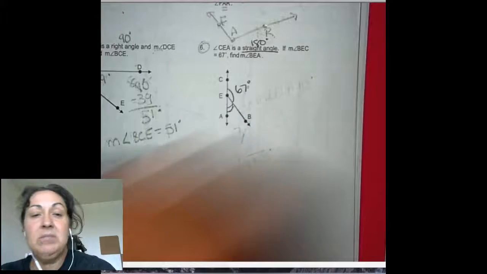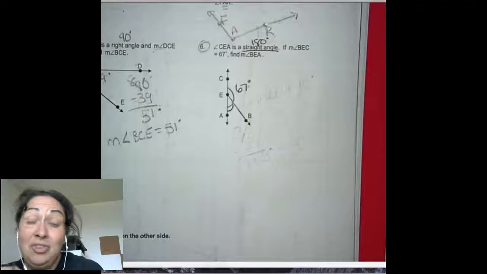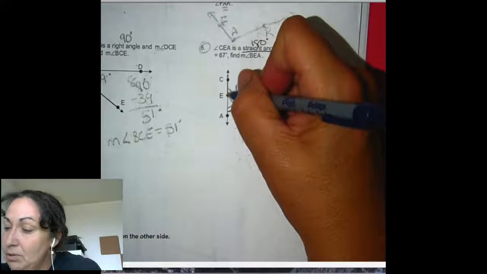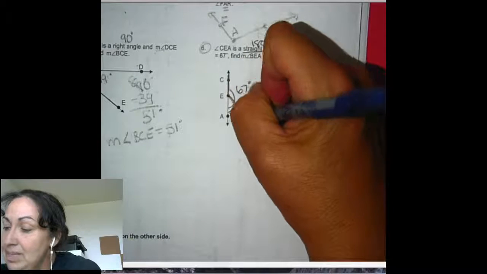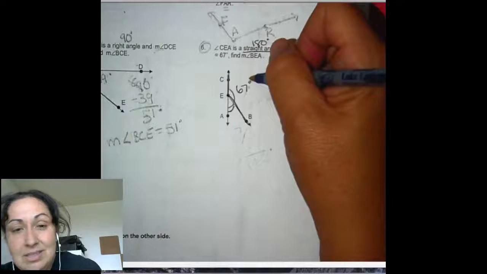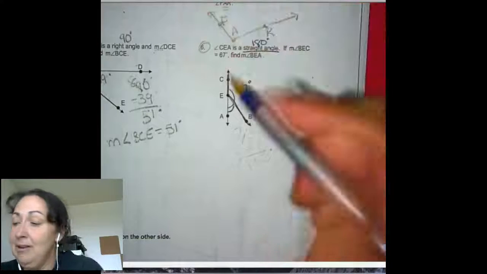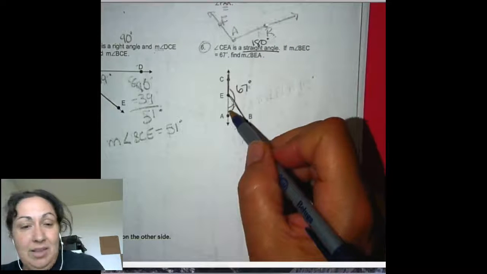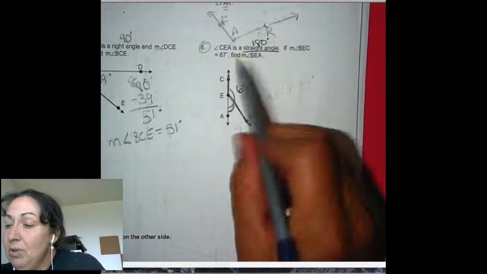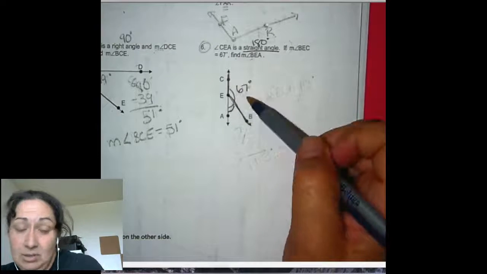Okay, so what's important about these diagrams is that they're not drawn to scale, because if you looked at the scale of it, BEC would be greater than 90 degrees. They tell us it's 67, so we label it as 67. This angle looks like a small angle, but it's going to turn out to be a bigger angle. We have to go with what the words tell us and not what the sketch looks like.